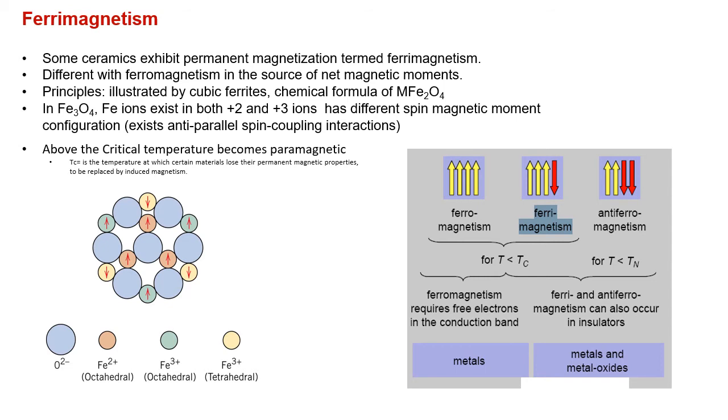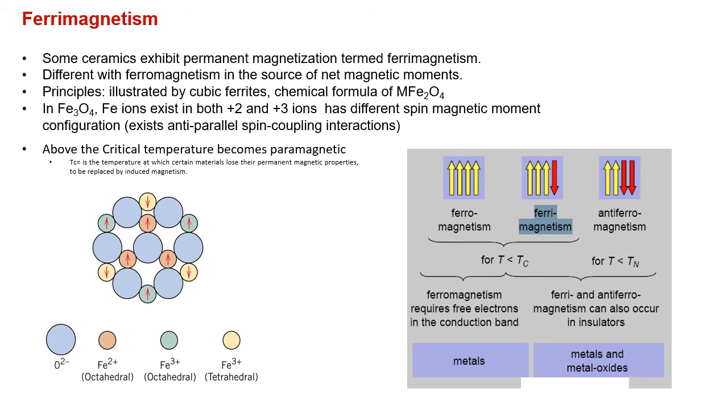In Fe3O4, the iron ions exist in both +2 and +3 states, have different spin magnetic moment configurations, and there is antiparallel spin coupling interaction. Above the critical temperature it becomes paramagnetic. Tc here is the temperature at which certain materials lose their permanent magnetic properties, to be replaced by induced magnetism.